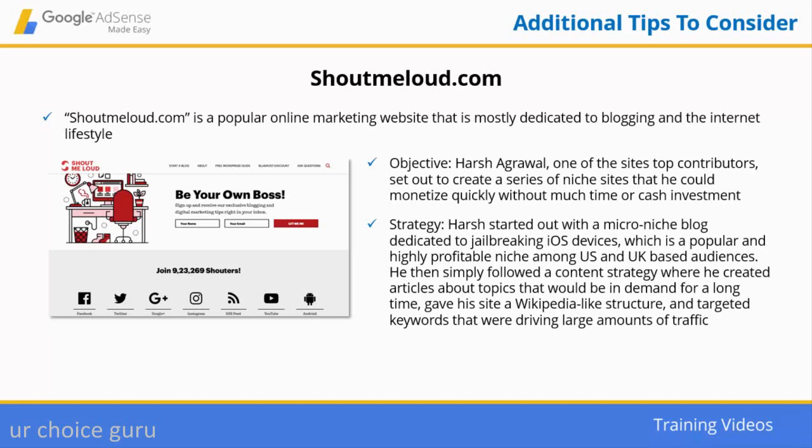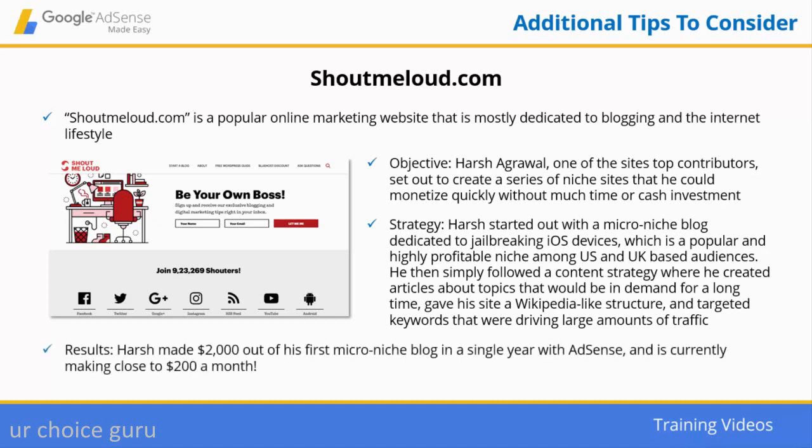He then simply followed a content strategy where he created articles about topics that would be in demand for a long time, gave his site a Wikipedia-like structure, and targeted keywords that were driving large amounts of traffic. Results? Harsh made $2,000 out of his first micro-niche blog in a single year with AdSense, and is currently making close to $200 a month.